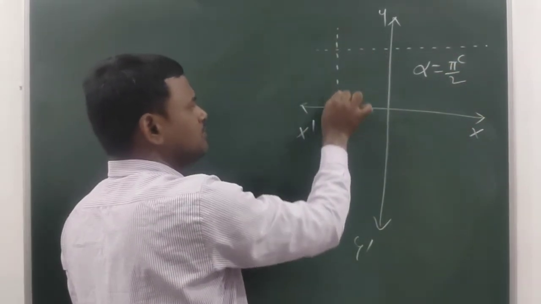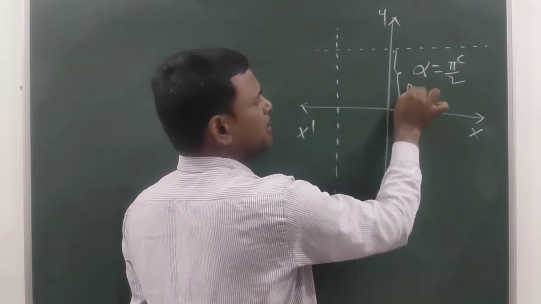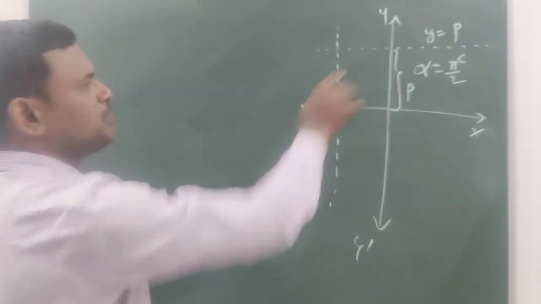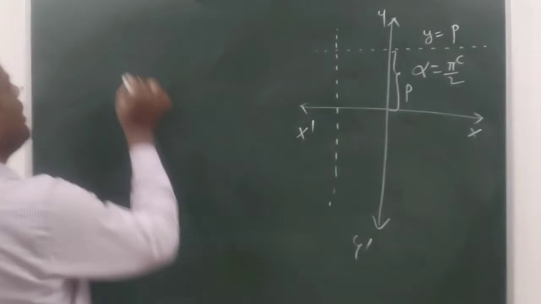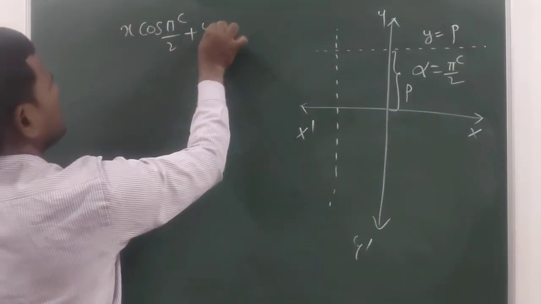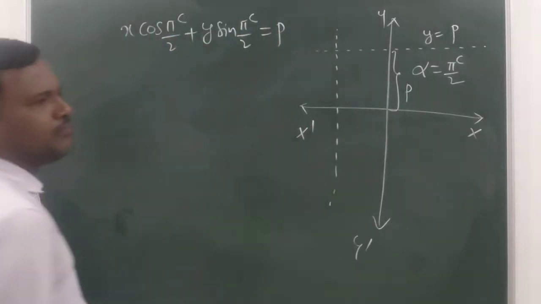And for this, what is the equation? This distance is p units. So whose equation is y equal to p? When you want to express in terms of p and alpha, what do you get? X cos pi by 2 plus y sin pi by 2, which is equal to p.